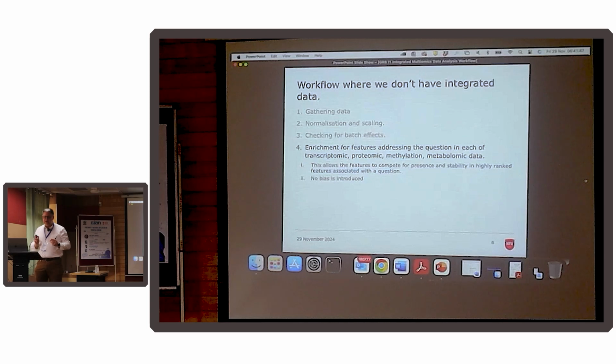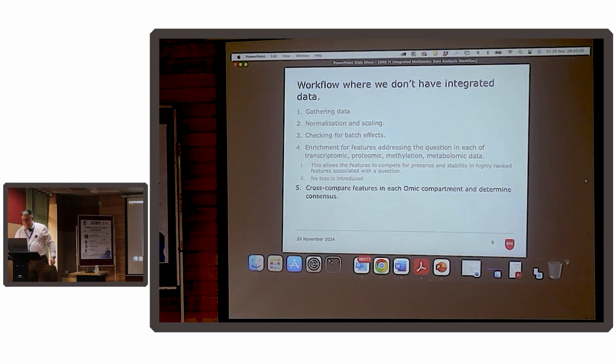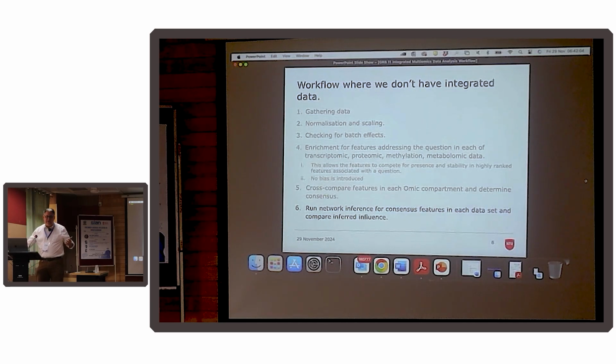So contiguous is where we have it all joined up. It's the same set of cases for genomic, transcriptomic, proteomic, methylation, metabolomic. But we can look for commonalities and run the network inference on the commonalities.